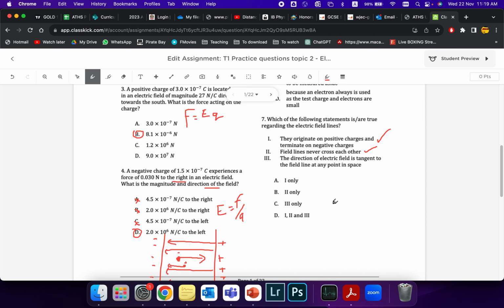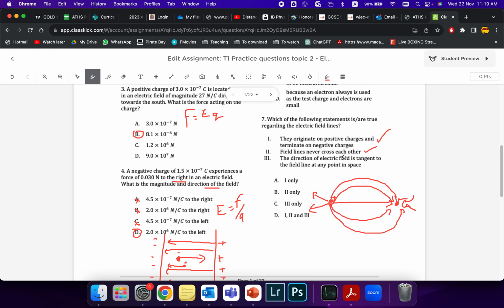What does that mean? Let's draw it out. I'll have a plus and I have a minus. I have a field going that way, and maybe that way, and maybe that way. So kind of curved. Maybe another one, and another one. And it's going into the minus, out of the plus. Okay, so these lines never cross, and it starts from plus and ends in minus.